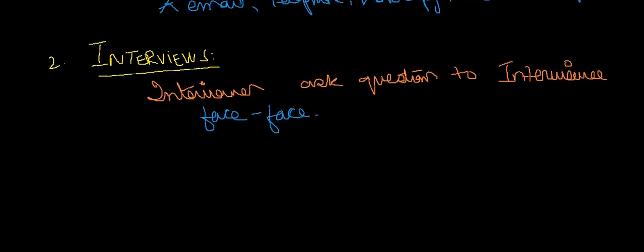Now the third one is focus group. In a focus group you have a few people who represent a certain group, a certain segment. You call them over and ask them a few questions and they all discuss with each other, and you keep on making notes and you are also participating in that discussion.